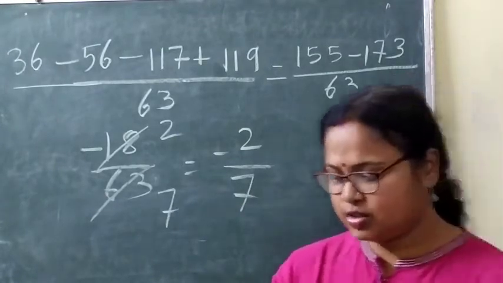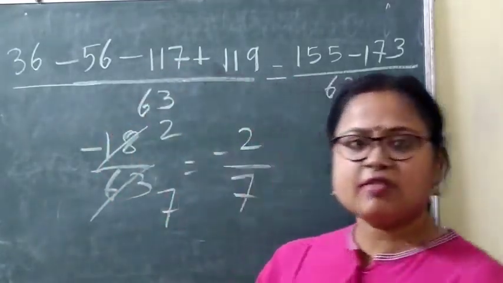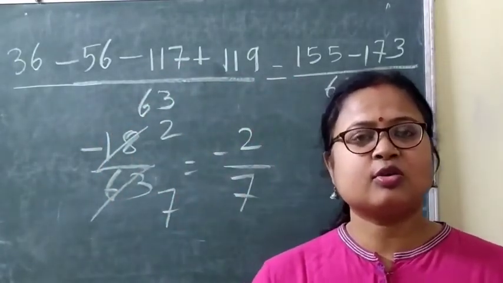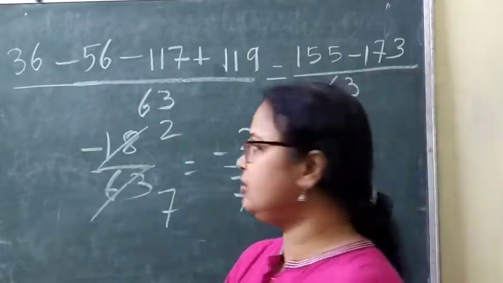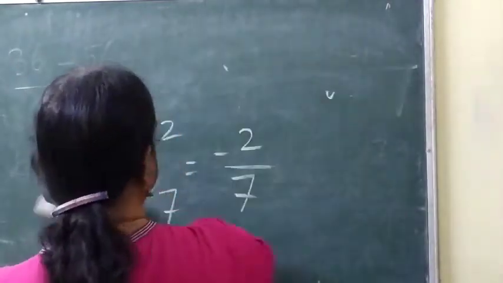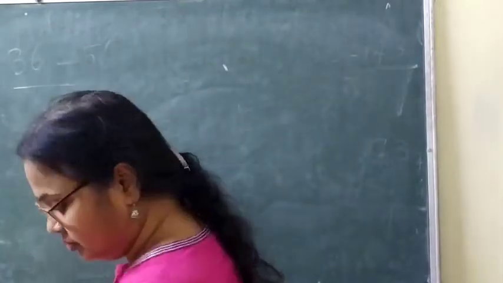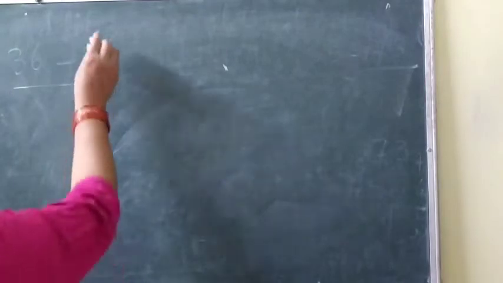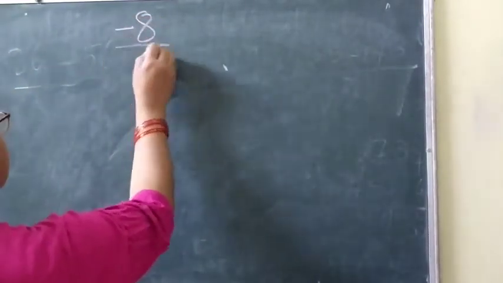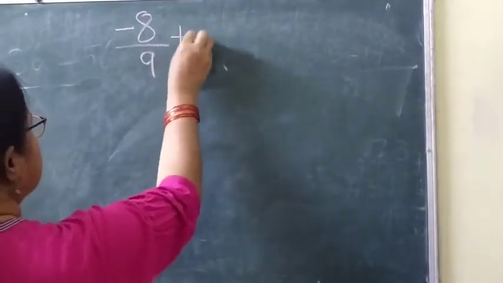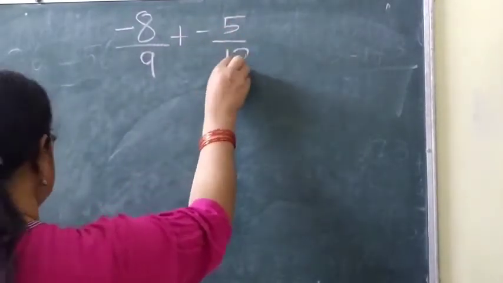Now the next question. Because in maths, when you solve more questions, your concept becomes more and more clear. So let's do the next question. Next is minus 8 by 9 plus minus 5 by 12.